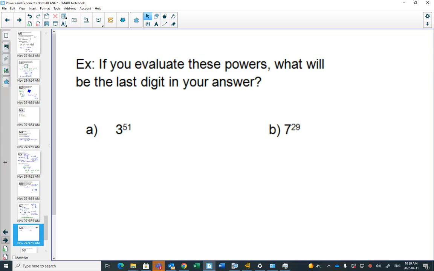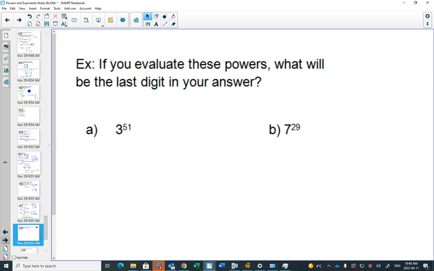So the first year they put this on a math exam for grade 9s, it doesn't even show up on your calculator. Because if you do 3 to the 51, it's like times 10 to the 24. You can't see the last digit. Your calculator doesn't show it to you. And that doesn't mean it would be a zero, because that's just an estimation.